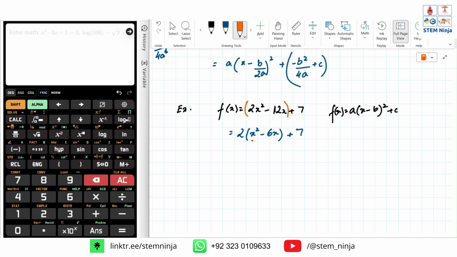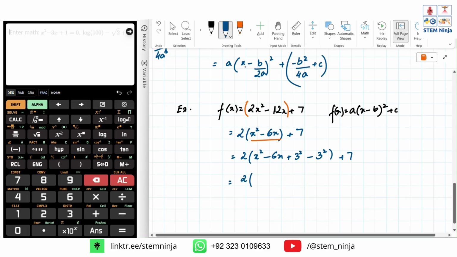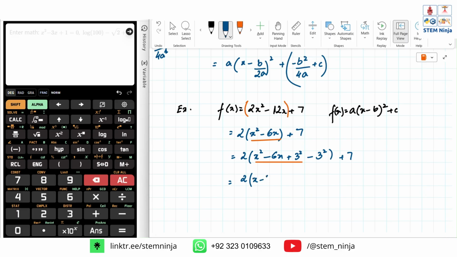Then we know that this is the expression for which we need to complete the square. So this will become x squared minus 6x. 6 divided by 2 is 3, so plus 3 squared minus 3 squared plus 7. This is the square: 2 times x minus 3 whole squared, minus 2 times 3 squared plus 7.